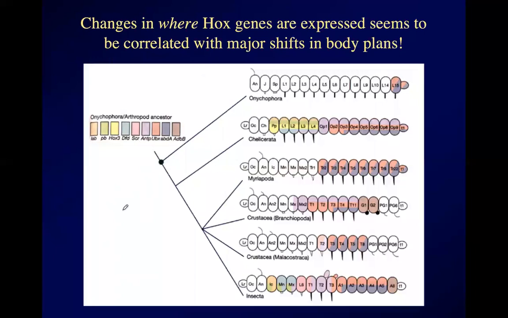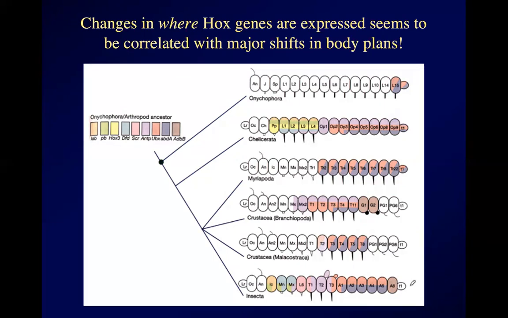Anyway, what we can actually do is look at insect body plans, the arthropod. These are different groups of arthropods. And if you look at the areas in which different homeotic genes are expressed during development, you can see that different major groups have different patterns of gene expression. The insects are down there, and that colorful diagram down there is just another version of one that I've already shown you.